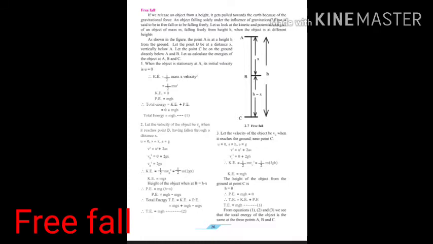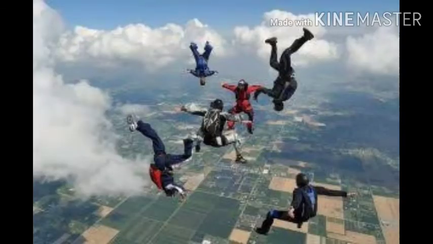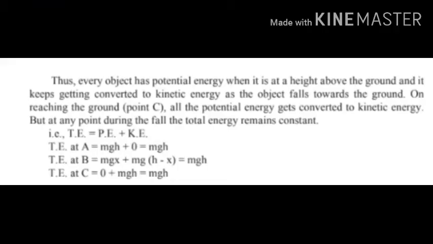Let the velocity of the object be vc when it reaches the ground near point C. Then again total energy is equal to mass into gravitation into height. Thus, every object has potential energy when it is at a height above the ground, and it keeps getting converted to kinetic energy as the object falls towards the ground.